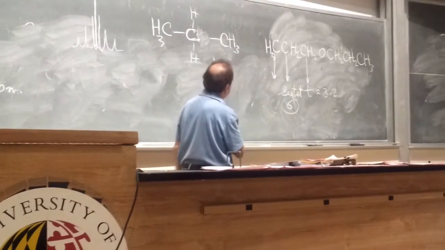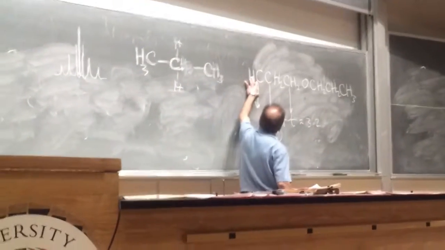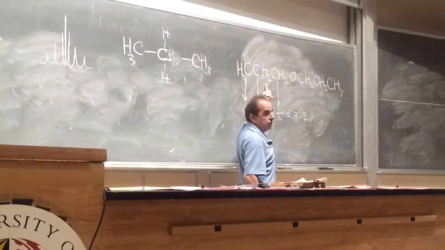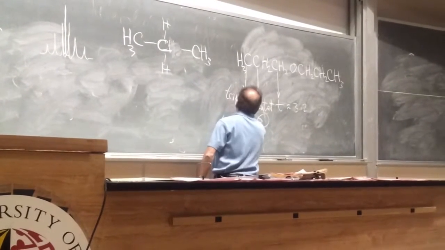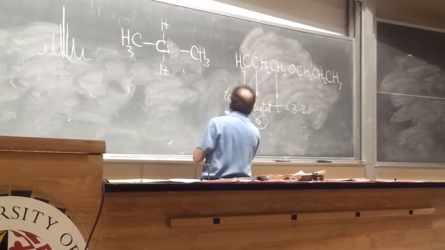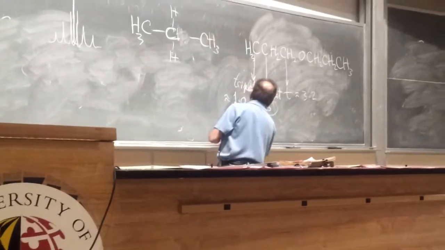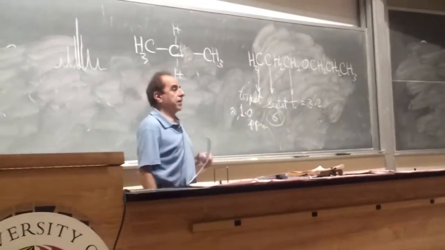Okay? Then you have this CH3, that will be a triplet, because it's only next to a CH2. And this is really not very deshielded. That's why it shows up at around 1 ppm. Okay?